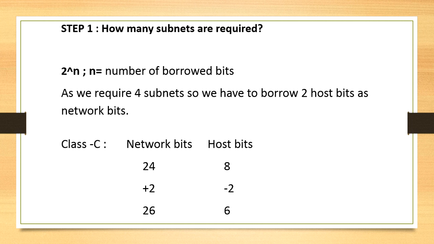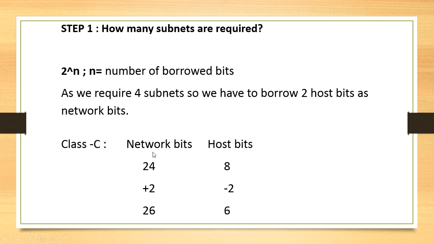The formula says 2 to the power n, where n is the number of borrowed bits. Subnetting means nothing but borrowing host bits into network bits. So to achieve 4 subnetworks, we need to borrow 2 host bits. So 2 to the power 2 equals 4.